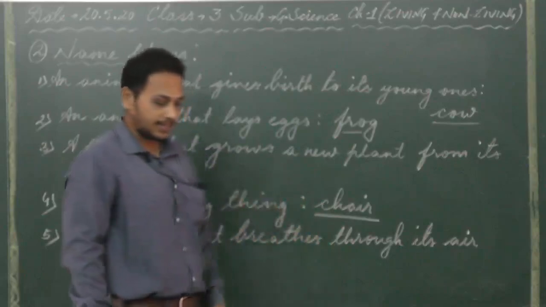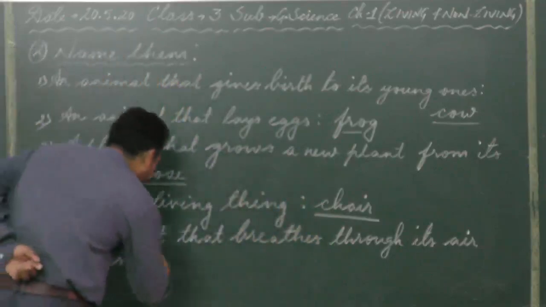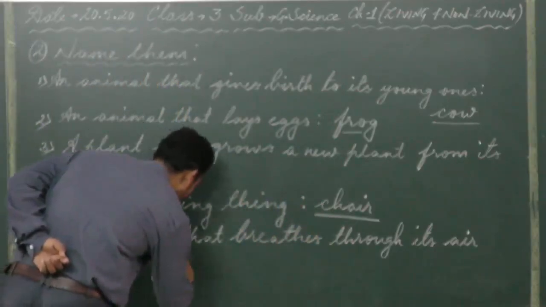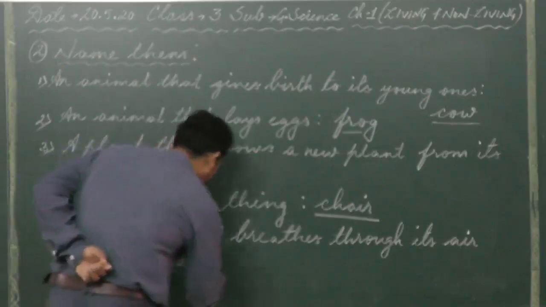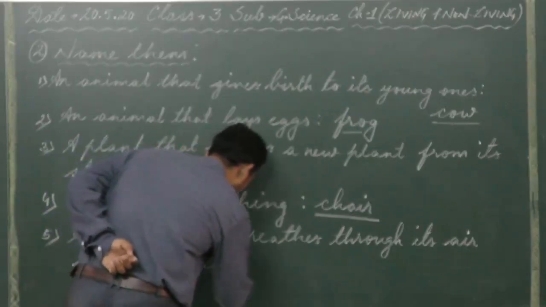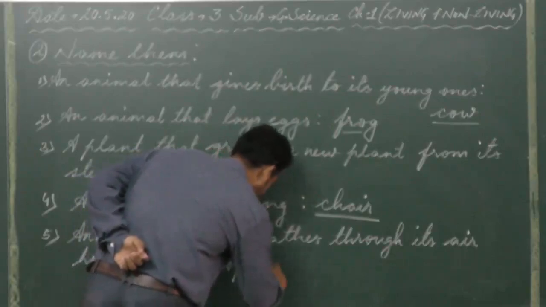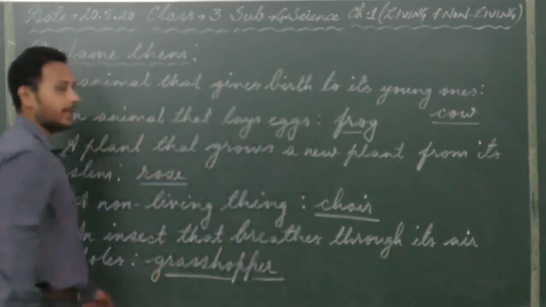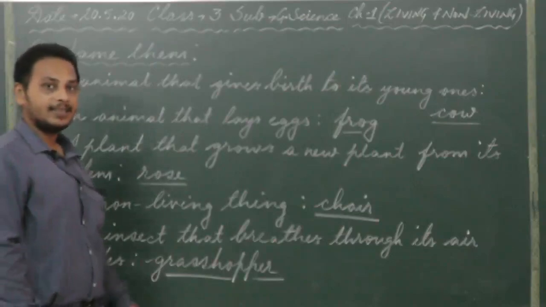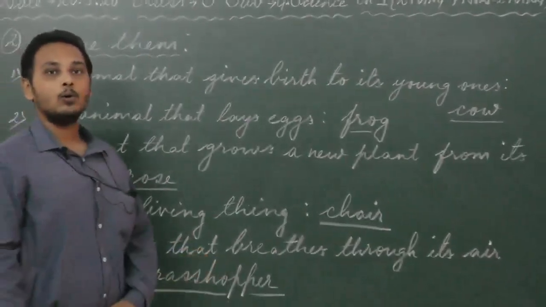You have to name an insect. We can write over here grasshopper. Grasshopper is an insect that breathes through its air holes.